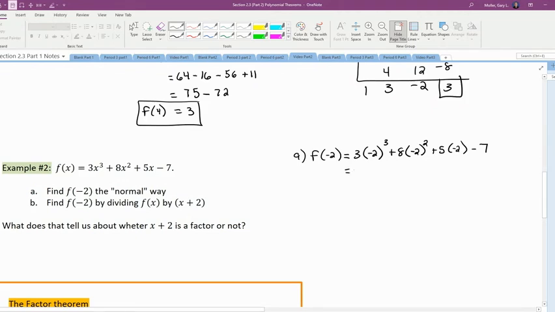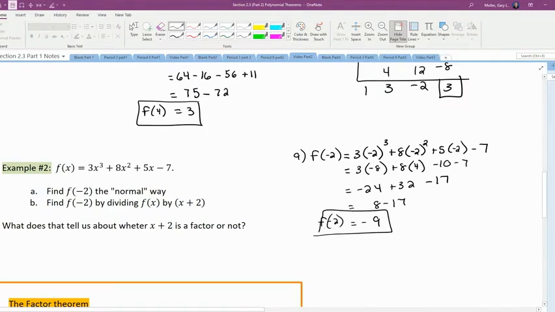Not to mention now I got to do all the work. 3 times negative 8 plus 8 times positive 4 minus 10 minus 7, negative 24 plus 32 minus 17. Let's see. Negative 24 and 32 is going to be 8. 8 minus 17 is going to equal negative 9. f of negative 2 is negative 9.